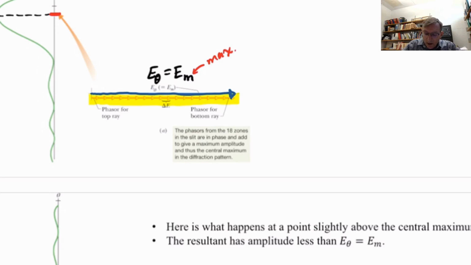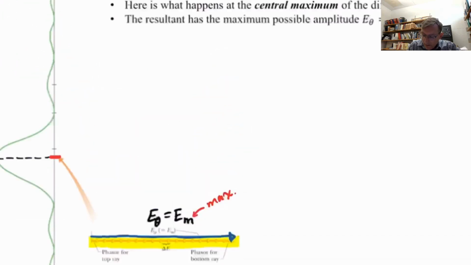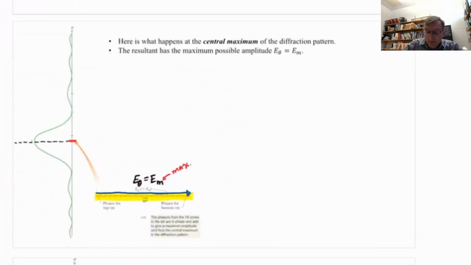So we get the very largest amplitude of the resultant that we can get. We'll call it Emax. The intensity is going to be proportional to this amplitude squared. So it's going to be proportional to Emax squared. And so the intensity at that central maximum is the largest intensity we can get.